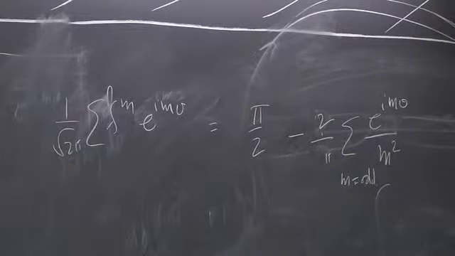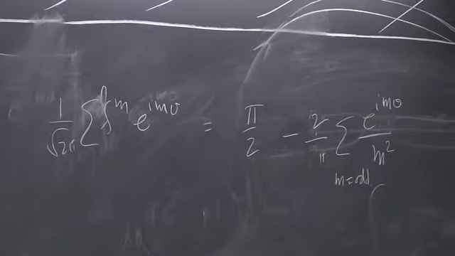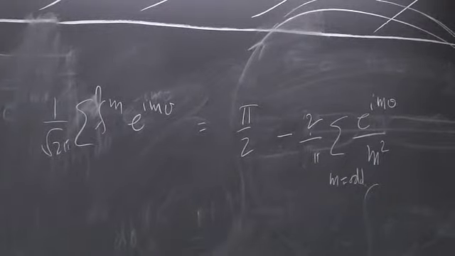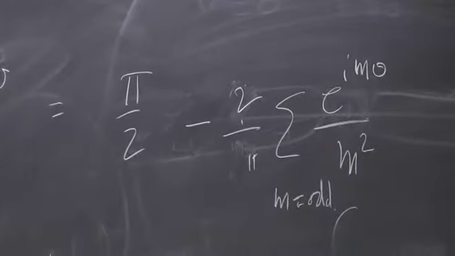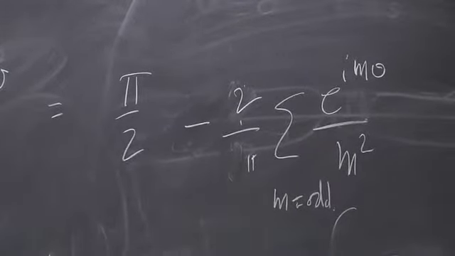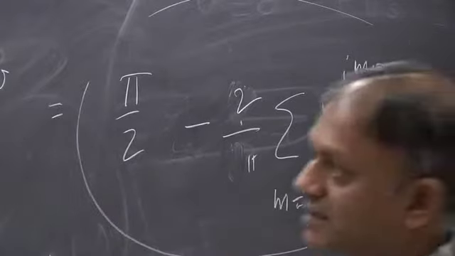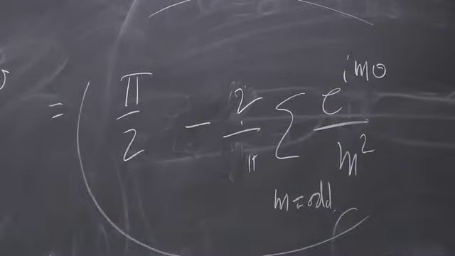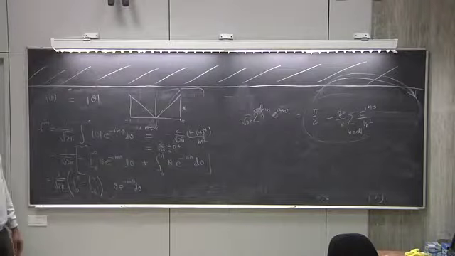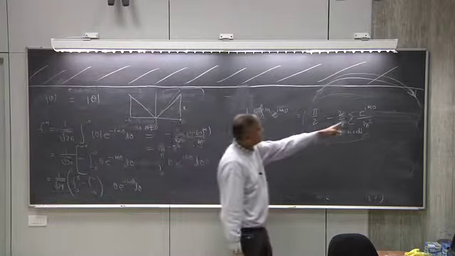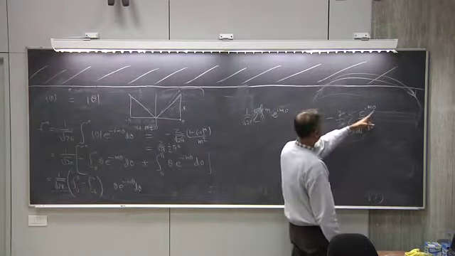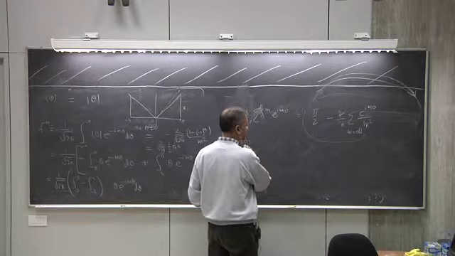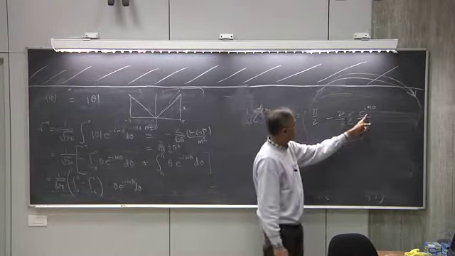Okay. So the question is whether this whole thing becomes equal to that or not. In particular, let's look at the theta equal to 0 term. Theta equal to 0, this simply is 1.